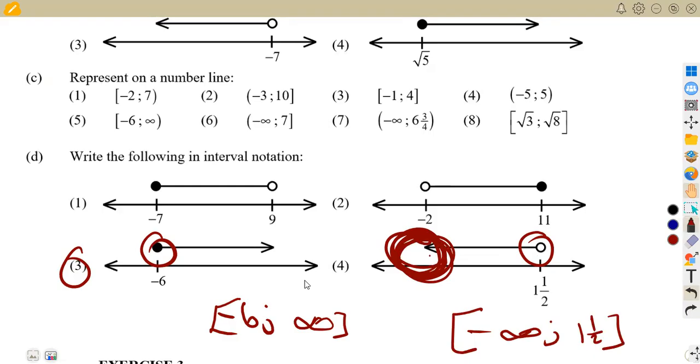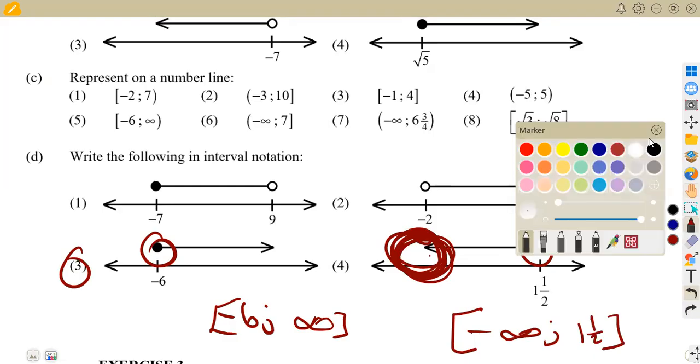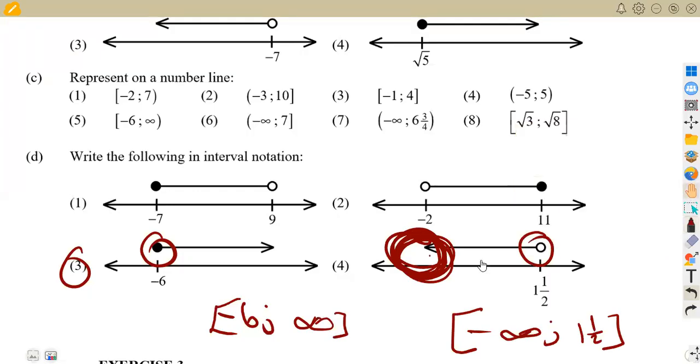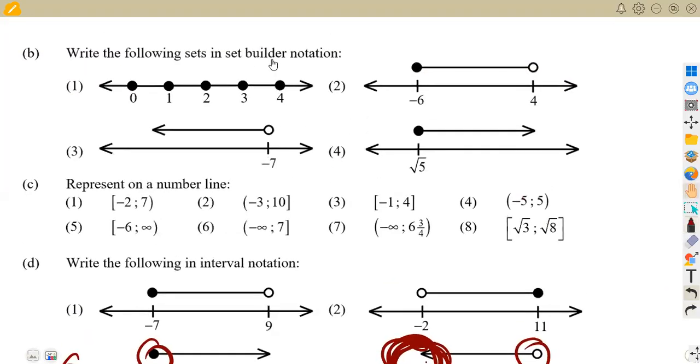So that's how you present what? An interval notation. An interval notation is different from the presentation of the set builder notation. The set builder notation, you are telling us how the x is given. All right. How is your x given? And also that x, what does it indicate? Does it represent integers or what?